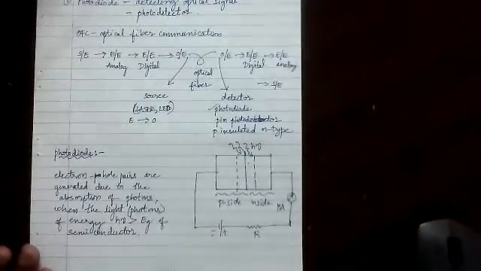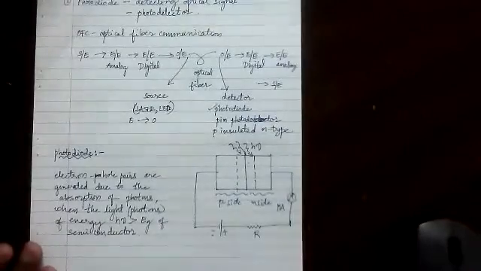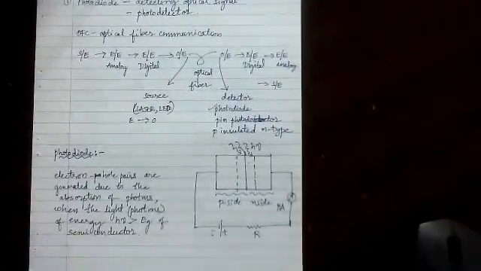The electrons start flowing in the diode. So that is how it works. Is that clear?